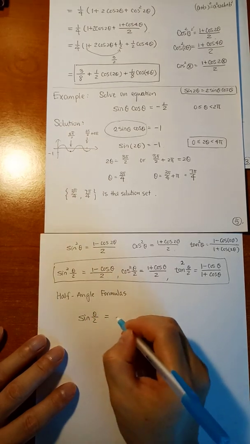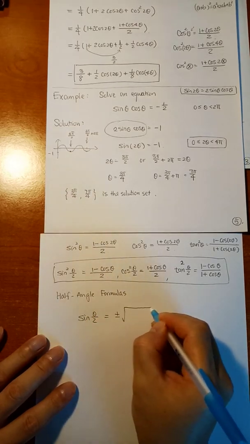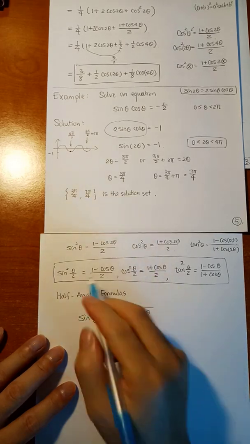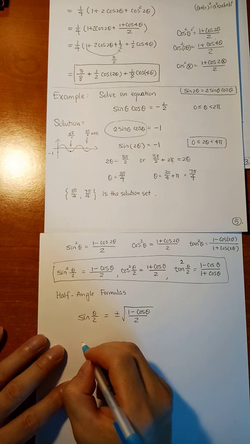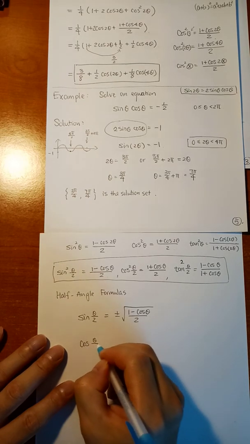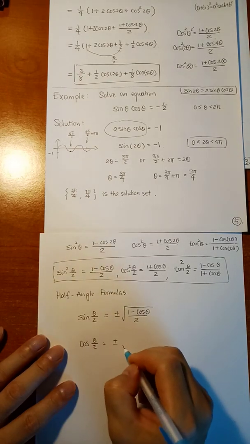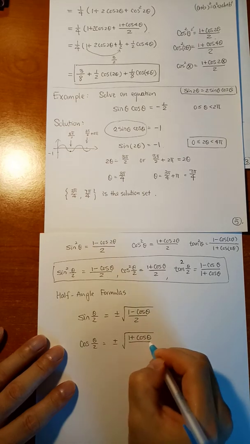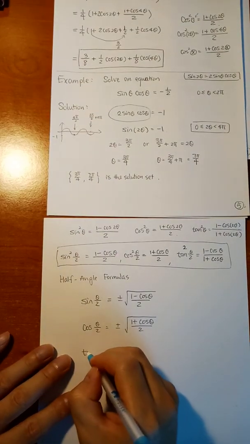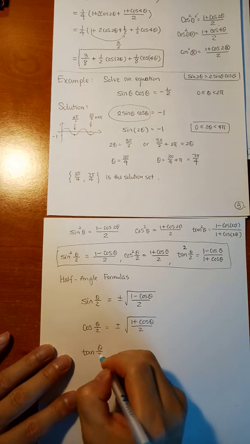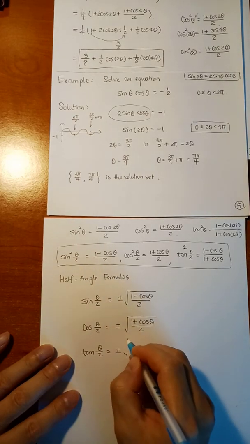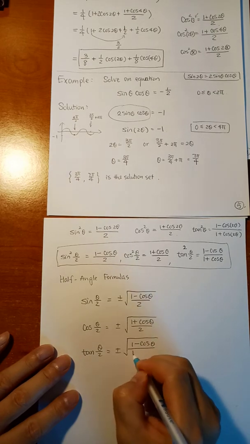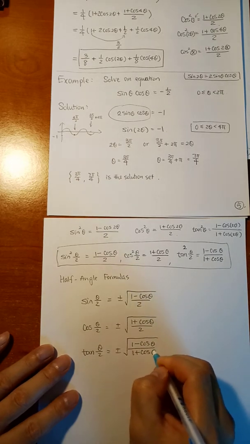Sine theta over 2 is plus or minus the square root of 1 minus cosine theta over 2. Just take the square root of all 3 parts. Cosine theta over 2 is plus or minus the square root of 1 plus cosine theta over 2. And tangent theta over 2 is equal to plus or minus the square root of 1 minus cosine theta over 1 plus cosine theta.